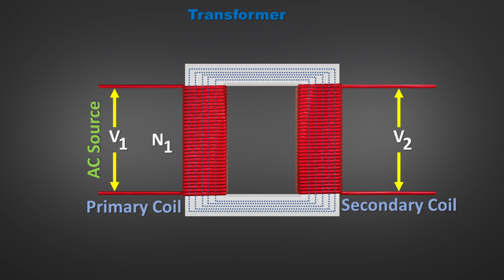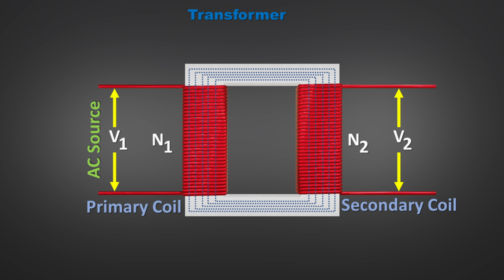So far, we have understood that exactly this V1 by N1 voltage will appear across each turn of the second winding. So if the second winding has N2 number of turns, then the total voltage across the second winding is N2 into V1 by N1. And let us say this is V2.